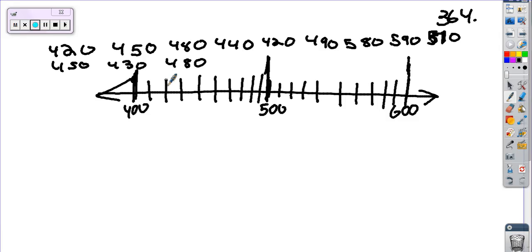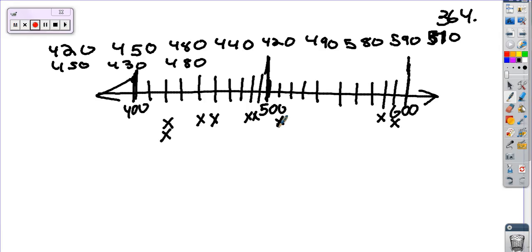Now, on a line plot, we just start graphing it out. So I have a 420. I'm going to do them down here instead of above it. Normally, we do it above it, but I didn't leave myself enough room. We have a 420. We have a 450. We have a 480. We have a 440. We have another 420. We have a 490, which is right here. We have a 580, which is right here. We have a 590, which is right there.